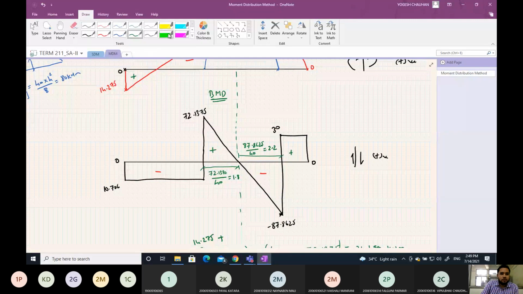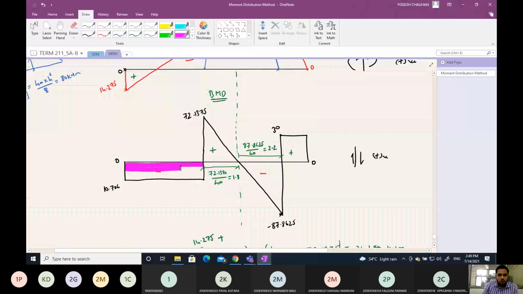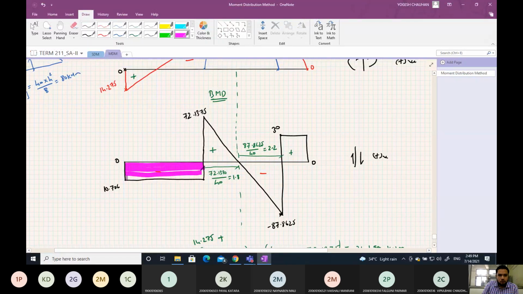And your shear force diagram, this will be the negative shear, and this will be the positive shear.